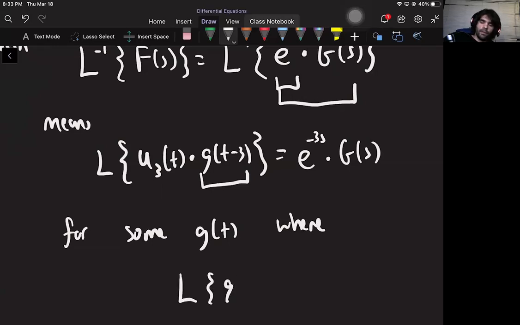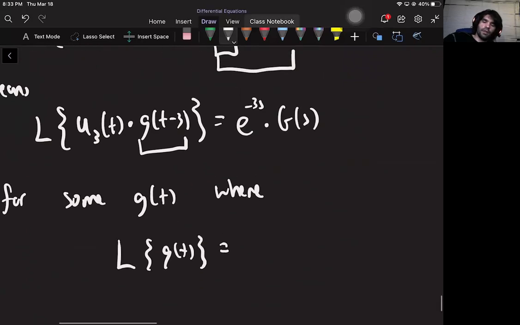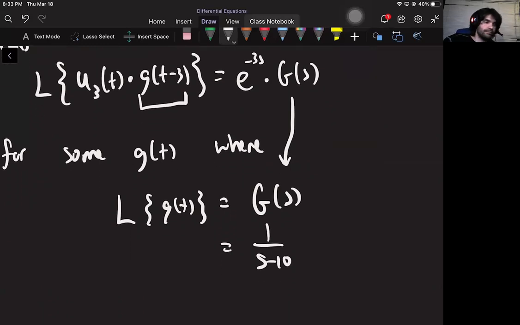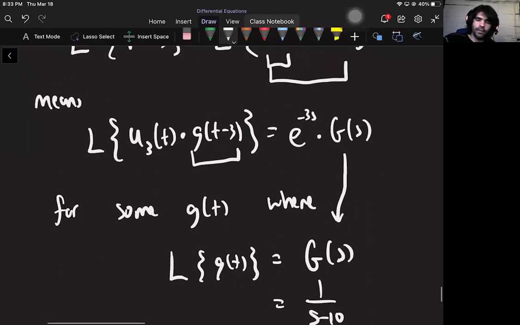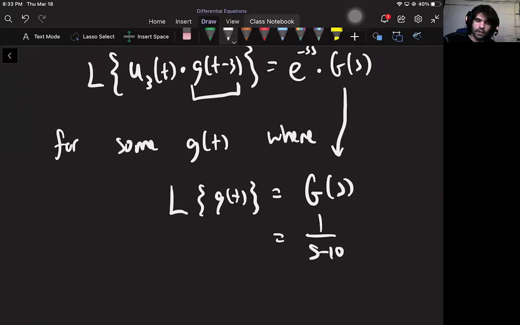Well, because of that formula, the Laplace transform of this g is this thing. Let me remember what it was. It was 1 over s minus 10. So this is getting a little cyclical. I think I've overused notation, but let's just finish it. The next example will make it a little bit easier.